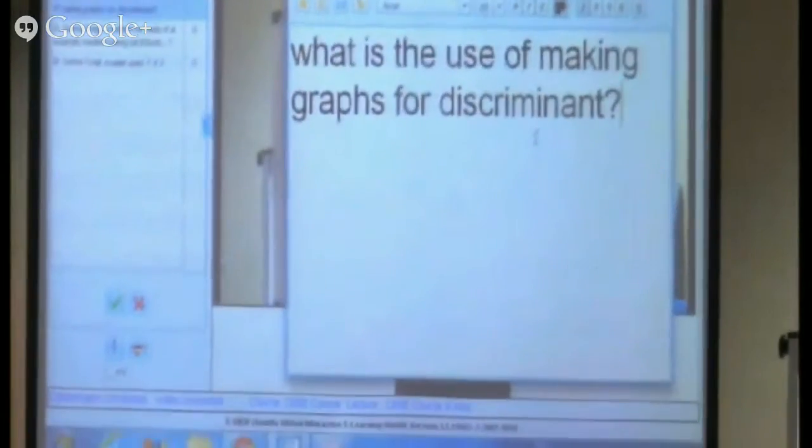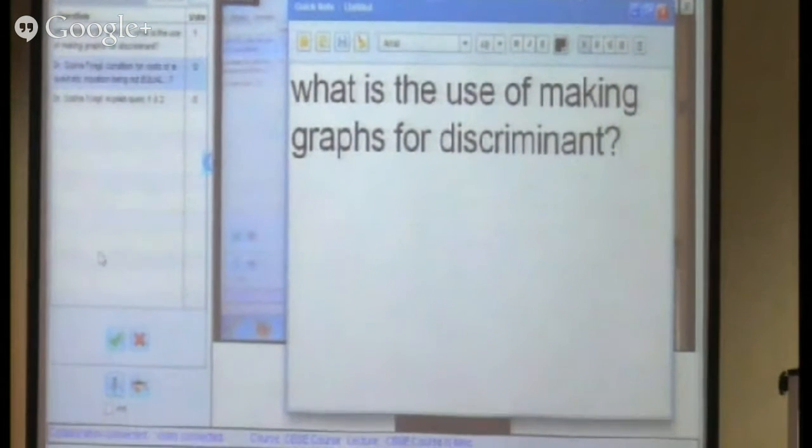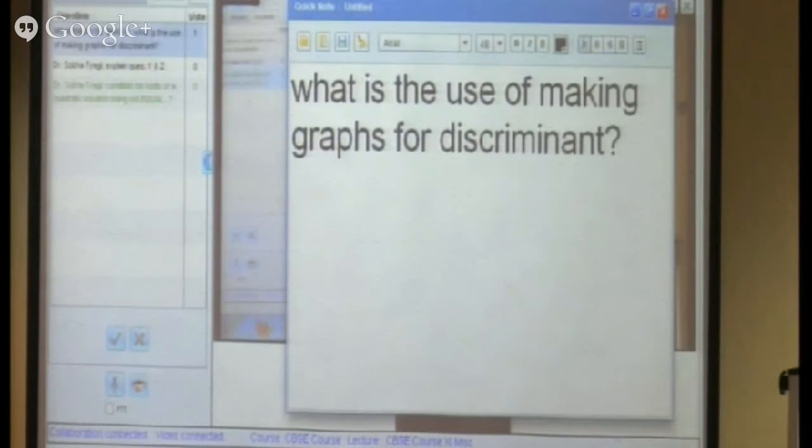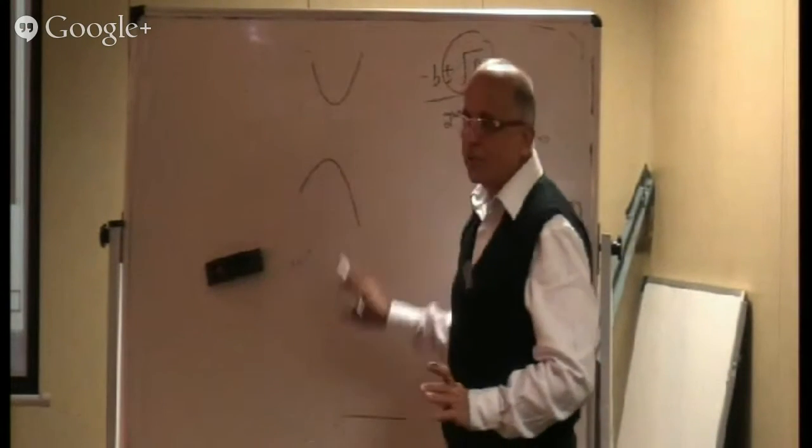Next question: what is the use of making graphs for the discriminant? I told you that the sign of a quadratic expression does not depend only on the value of a, it also depends on the value of D. Because the value of a, whether positive or negative, only determines whether your graph is an upward-opening or downward-opening parabola.